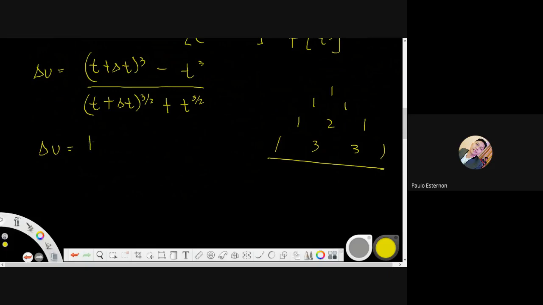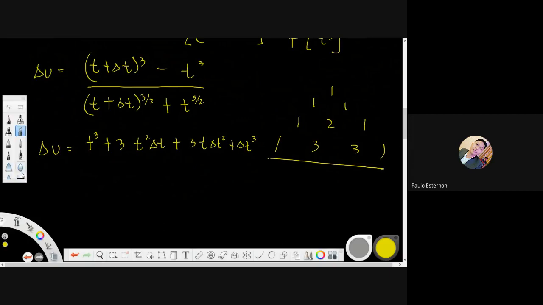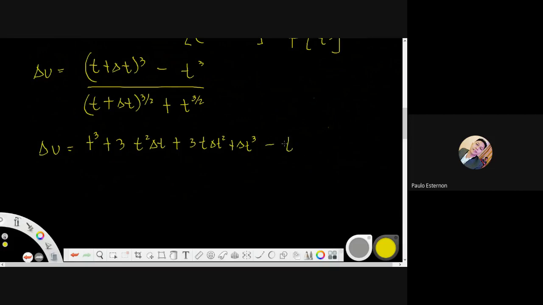So we have t cubed plus 3 t squared delta t plus 3 t delta t squared plus delta t cubed. Next, we subtract the t cubed, and then divide all by t plus delta t raised to 3 halves plus t raised to 3 halves.